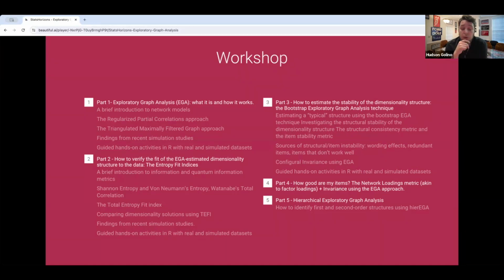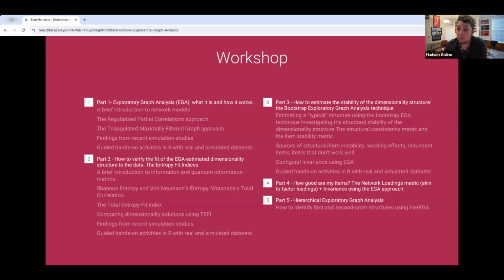We are also going to talk about how to verify the fit of EGA estimated dimensionality structures to the data. I'm going to focus on one specific fit index that I developed with my team, which is the Total Entropy Fit Index.